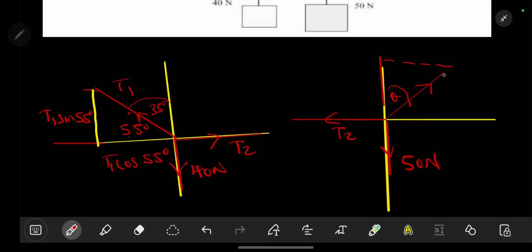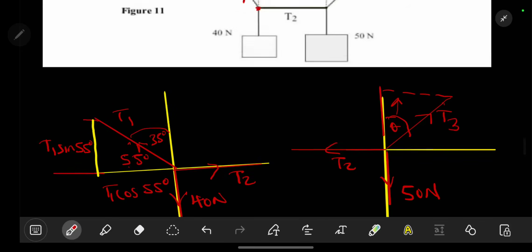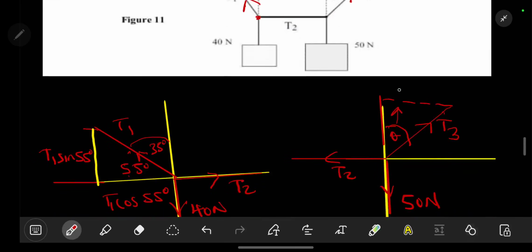The opposite side will be your sine, always the side opposite to the angle. That means the x1 will now be your sine, because it is the one that is opposite. So if this is our t3, this is t3 sine of our theta, like that.